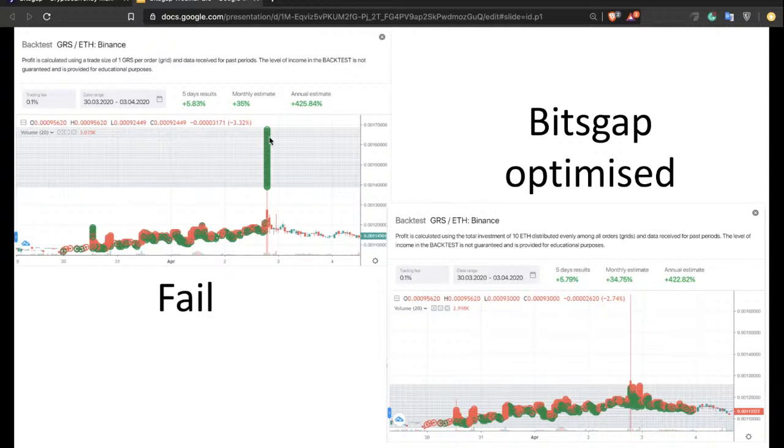Because otherwise, without this security feature, you would simply get stuck with all of your buy orders at the very top, all right, which is absolutely not beneficial for you, because you see that consequently the price has dropped back to the level where the pump started. So all of the buy orders that were executed here have significantly depreciated.